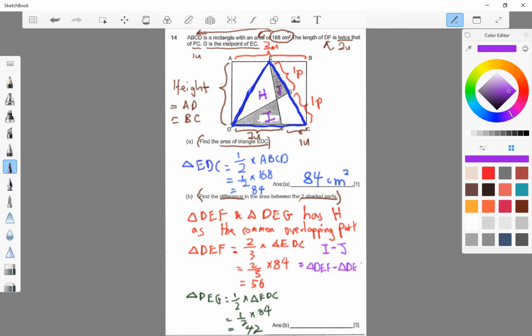And why would that be the case? It's due to the overlapping part H. Because while doing the subtraction, I will be able to subtract away H. And in doing so, it is just 56 minus 42, leading us to the final answer 14. So try to avoid doing mental sums, just key into the calculator. So part B, the difference in the area has got to be 14 cm squared.